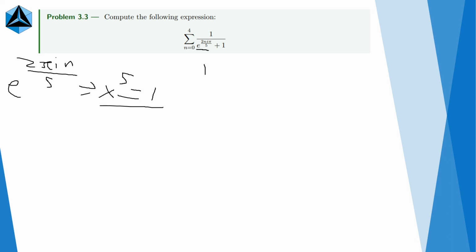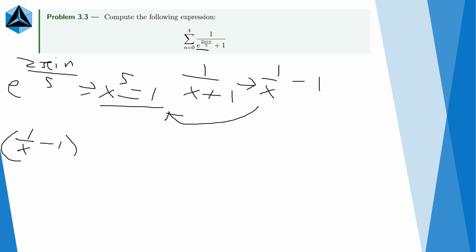The inverse of 1 over x plus 1 is going to be 1 over x minus 1, as we showed in the third problem we did. And so we can substitute this in, and we get 1 over x minus 1 to the 5th is equal to 1. We're going to multiply both sides by x to the 5th right now instead of later, and so this becomes 1 minus x to the 5th is equal to x to the 5th.